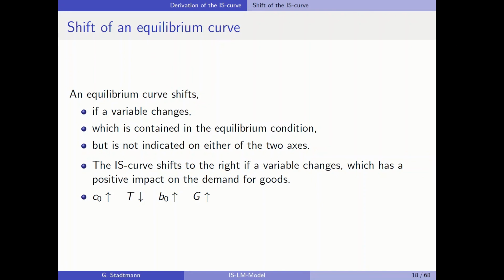Furthermore, the IS curve will also shift to the right in case that taxes decrease, because a decrease in taxes increases disposable income, and this has a positive impact on the demand for goods.